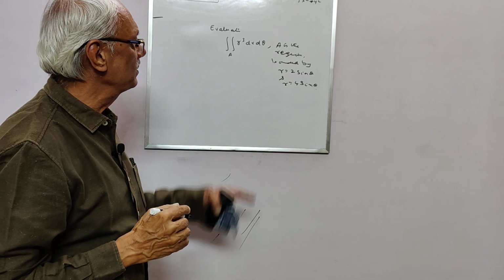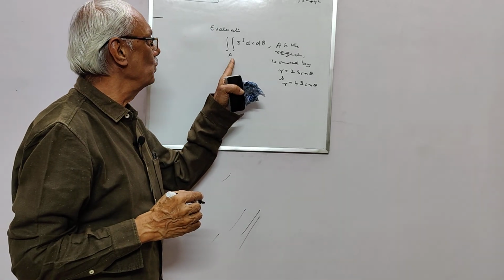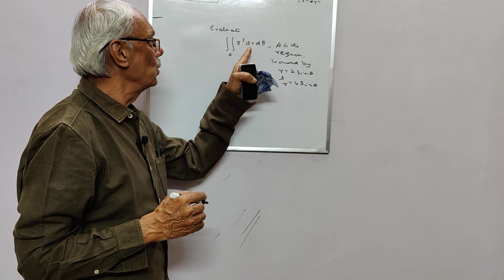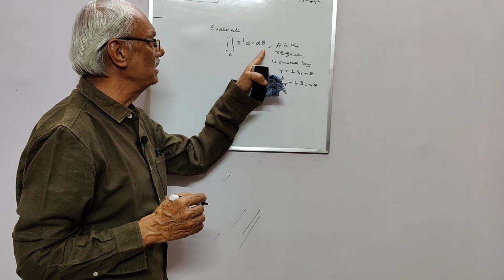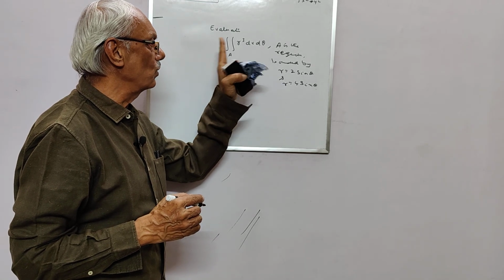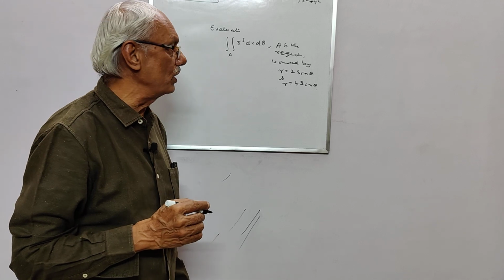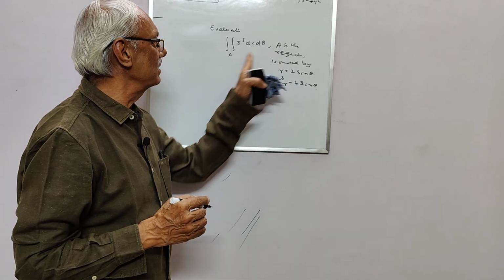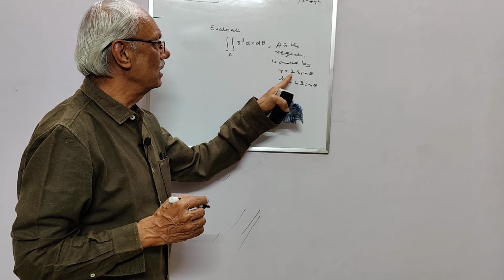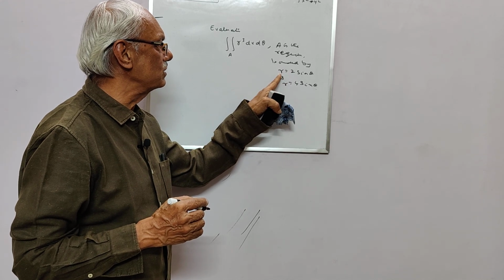So this is the problem that I am going to solve today. I am going to do this multiple integral of r cubed dr d theta, and this is in polar coordinates. A is the region which has come because of these two circles.